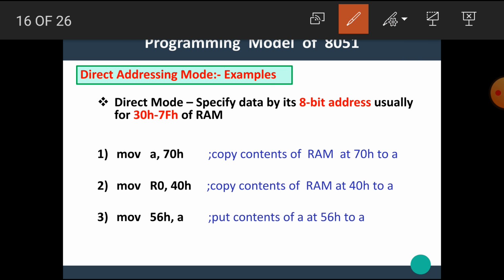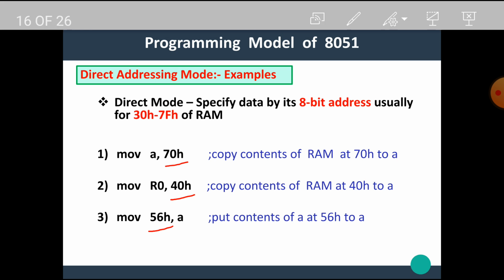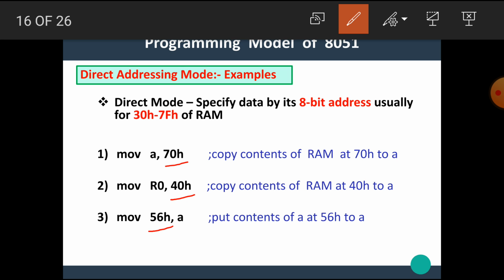Let's see once again. Here 70H, 40H and 56H are the memory locations, not the actual data. Okay. Now let's see the next instruction. MOV R0, 40H. That means copy the contents of the RAM at 40H to the register.